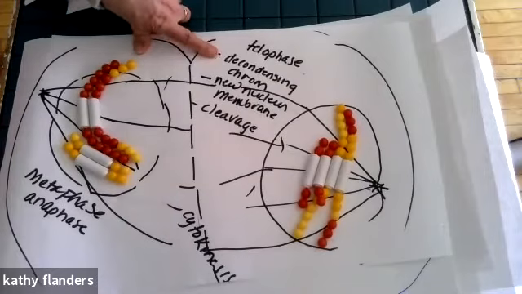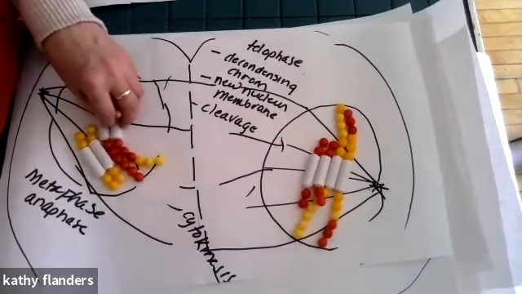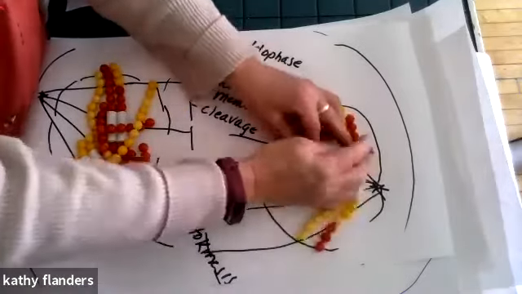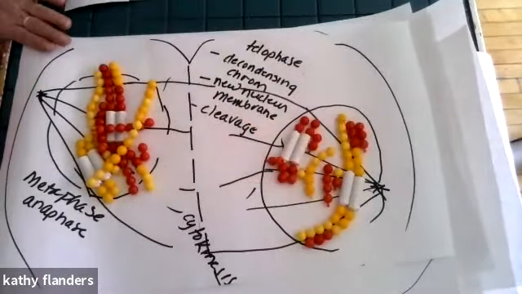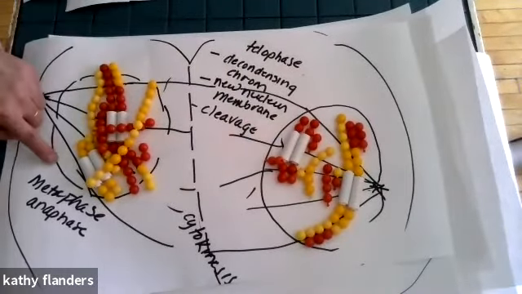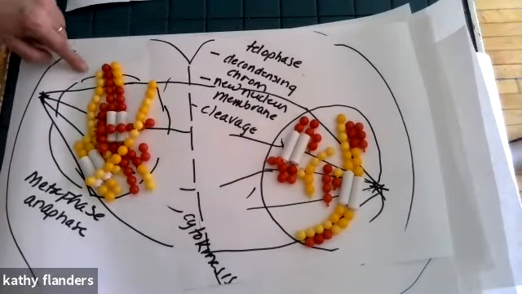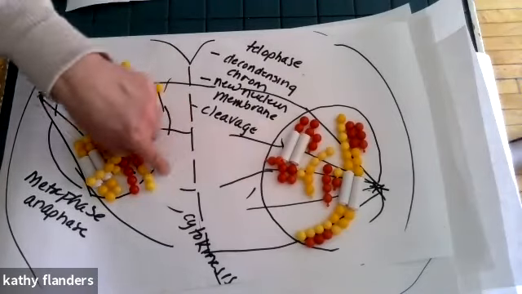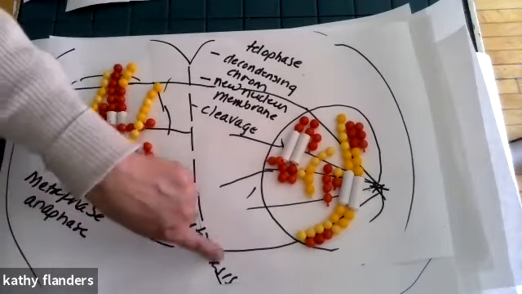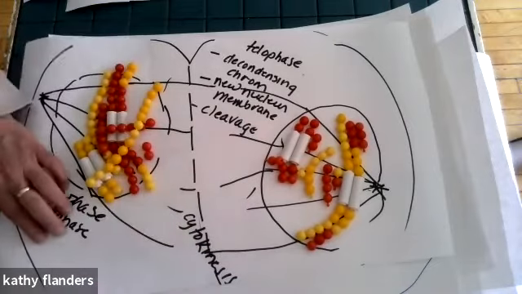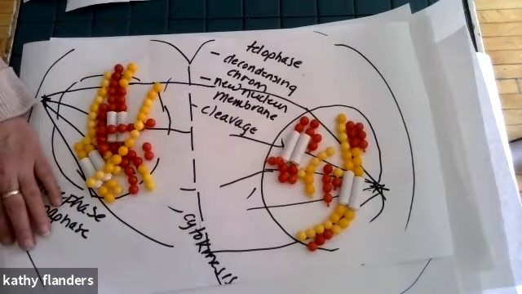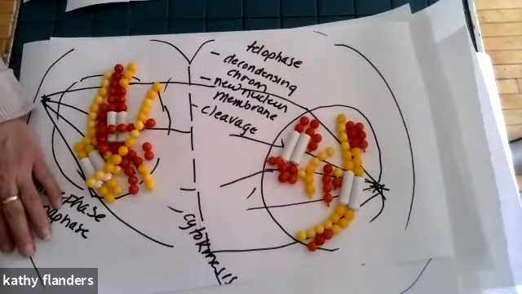What's going to happen to our chromosomes? They're going to decondense. We're going to start forming our new nuclear membrane. And a cleavage furrow is going to form, right? Because those always happen, don't they? Those are always going to happen in telophase.